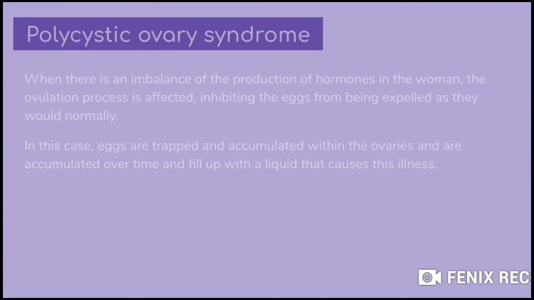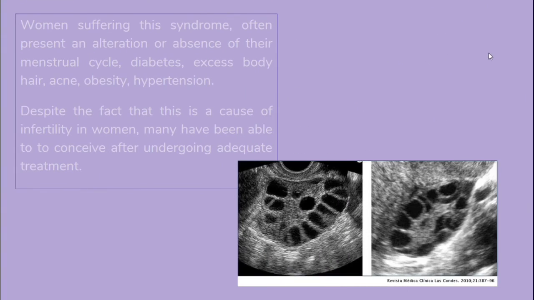Polycystic ovary syndrome. When there is an imbalance of the production of hormones in women, the ovulation process is affected, inhibiting the eggs from being expelled as they would normally. In this case, eggs are trapped and accumulate within the ovaries over time and fill up with a liquid that causes this illness.